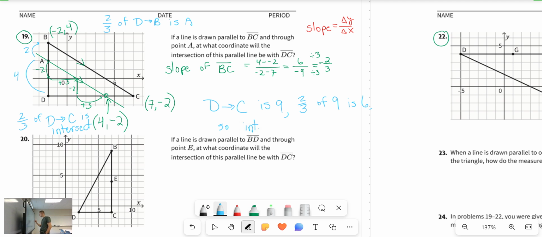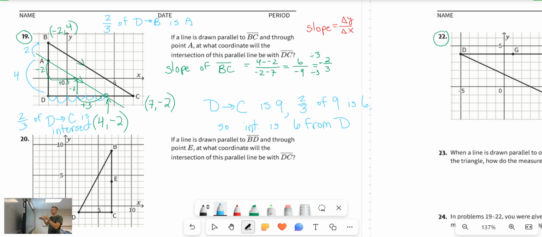So the intersection is 6 from D. And if we go 6 away from D, 1, 2, 3, 4, 5, 6, we end up at that same point once again.